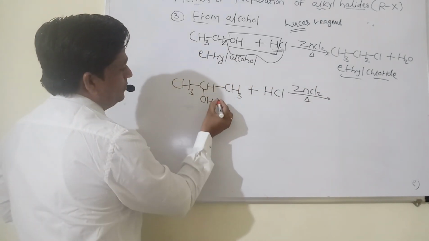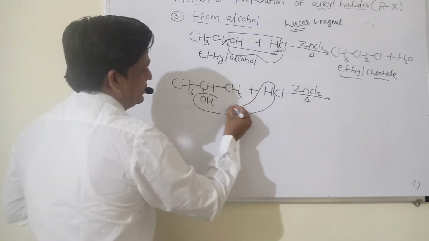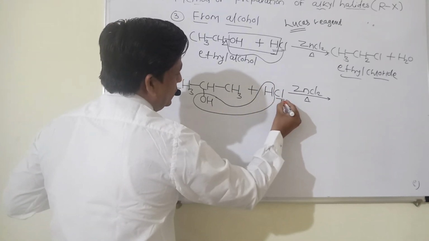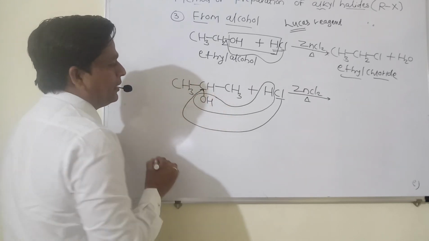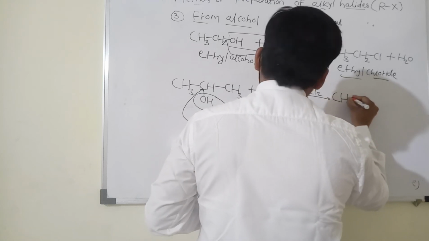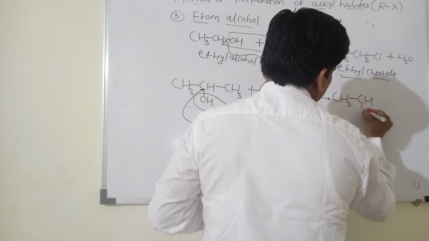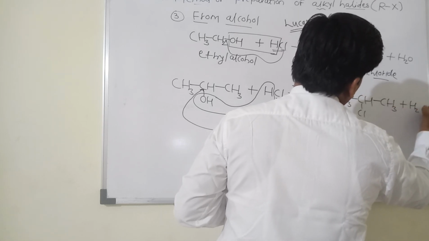In the same way, the OH group and this H will be removed, and the chlorine is going to be attached in place of the OH group. So here we get CH3 CHCl CH3, and a water molecule is removed.